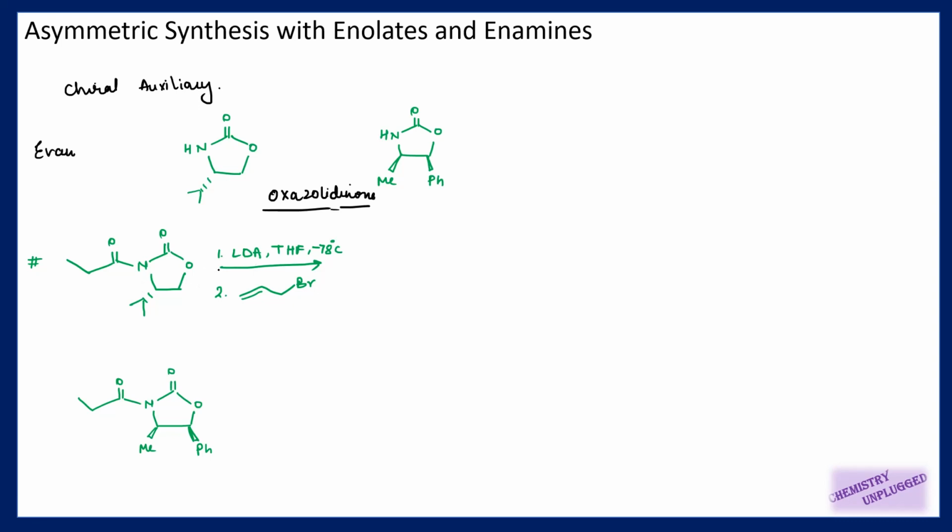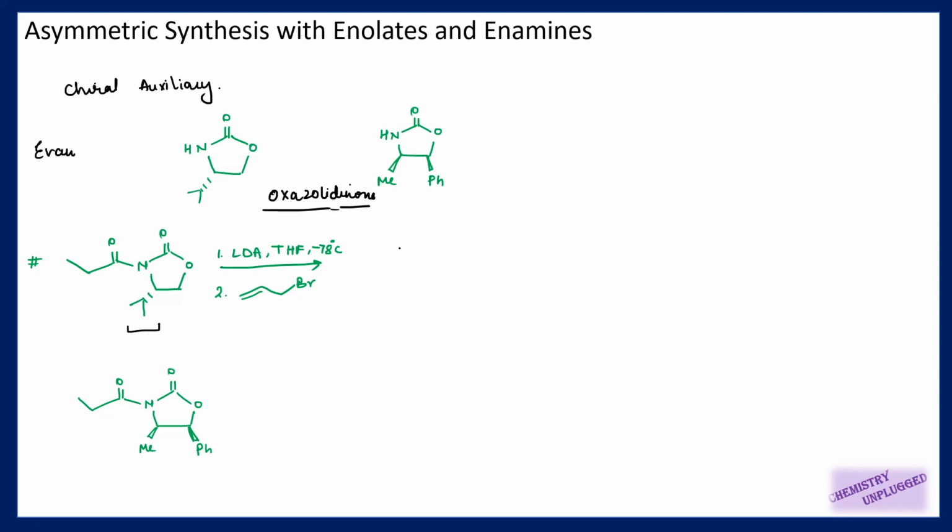Actually, the attachment site of an incoming group will be decided on the basis of the group attached here, right? If it is above the plane, then the incoming group will go on the opposite side, right? In this case it is below the plane, so the incoming group will attach above the plane. Let's see that here we have a carbonyl group and we are using LDA here.